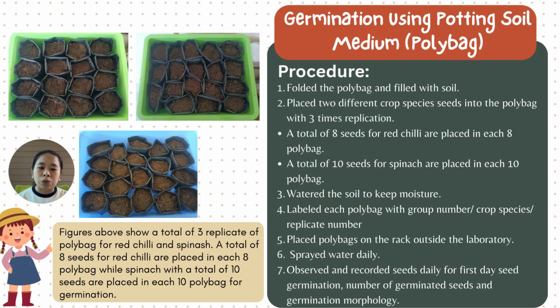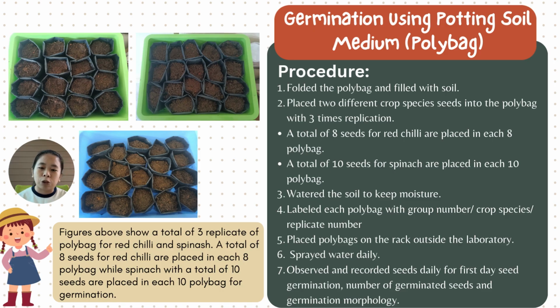Then water the soil to keep it moist, and label each polybag with group number, crop species, and replicate number. Then place the polybags on the rack outside the laboratory and spray water daily. After that, observe and record daily the first day of seed germination, number of germinated seeds, and also the seed morphology.